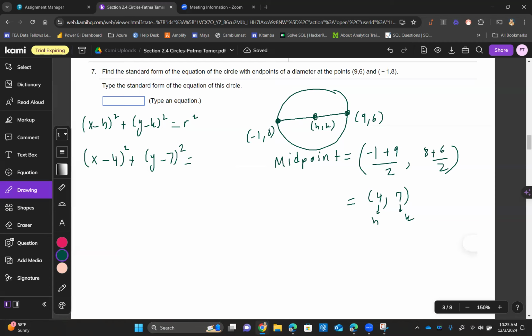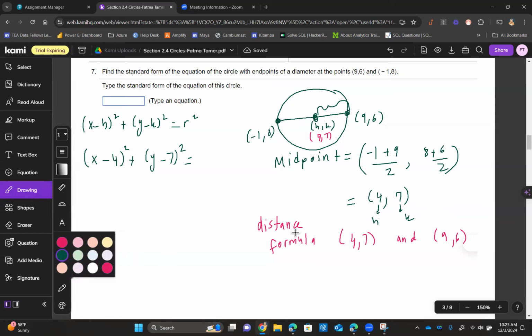To find the radius, I need the distance from my center to one of the endpoints. So now the center is not a puzzle anymore. We know that it is located at (4, 7). So if we apply the distance formula between the center, (4, 7), and one of these endpoints, (9, 6), I will be locating the radius.